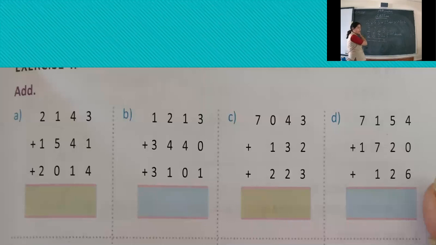Clear? Now 1 plus 5. 1 plus 5 is 6. To this 6, when you are adding 0, means if you add 0 to any number, the answer will be that number itself. So here 6 will come. Clear? Now 2, we are moving to thousands place, last. 2 plus 1 is 3. 3 plus 2, after 3, forward counting, 4, 5.